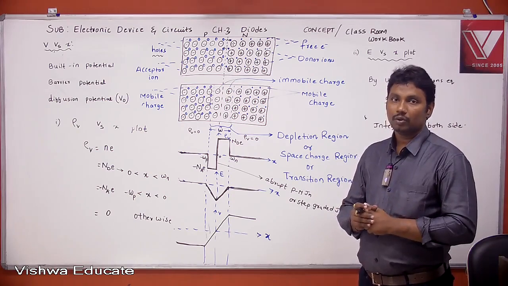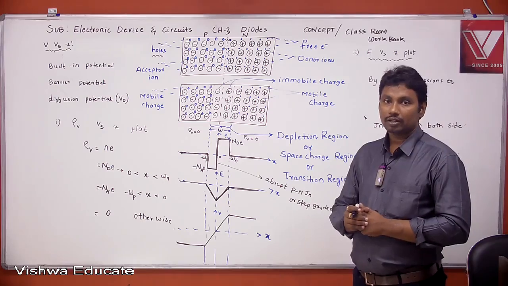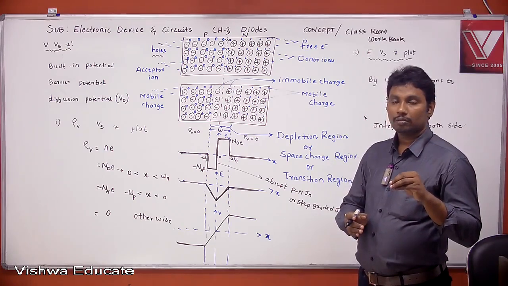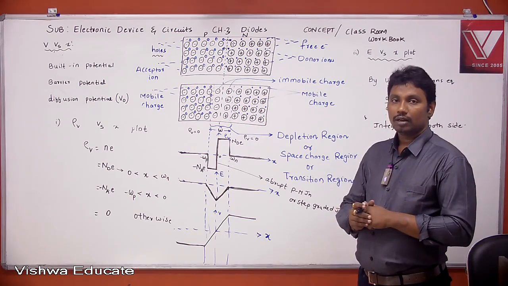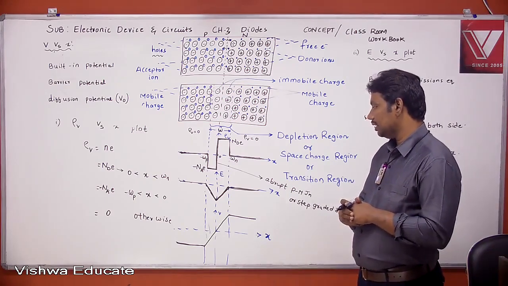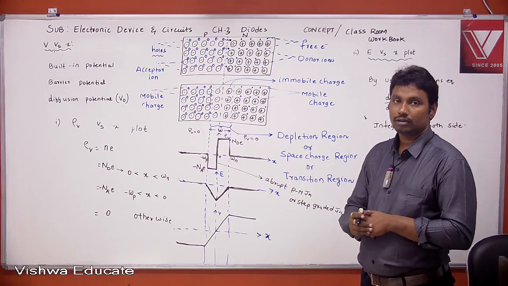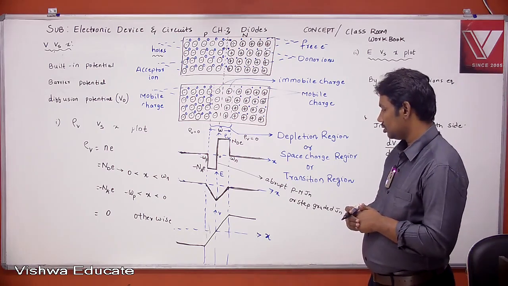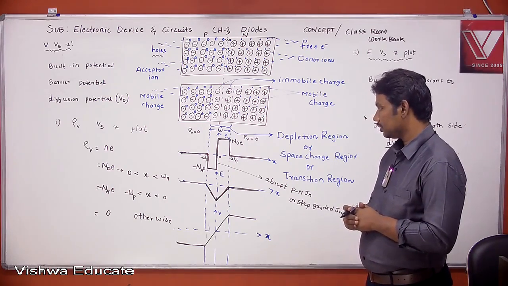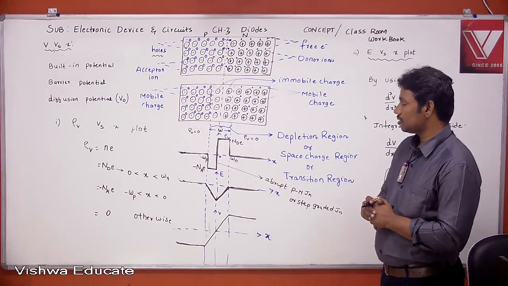Within a depletion region, potential linearly varies. Right. Copy this plot. Potential versus distance plot.